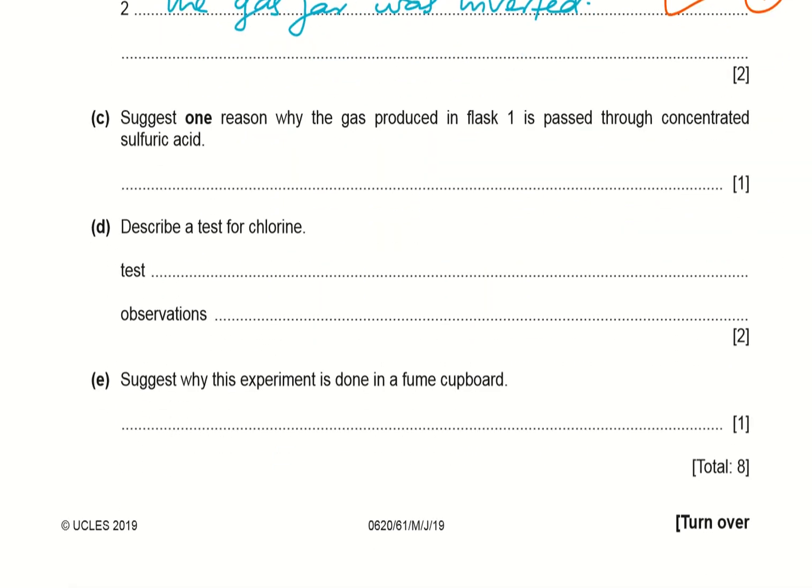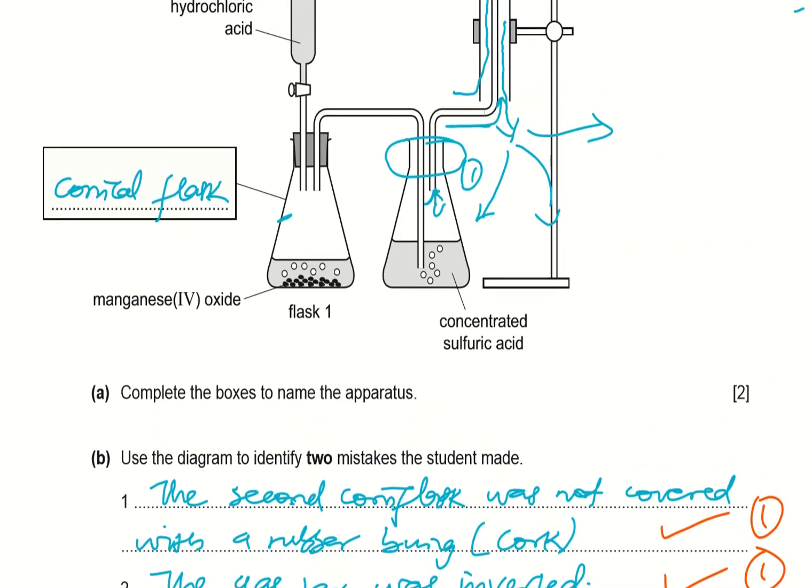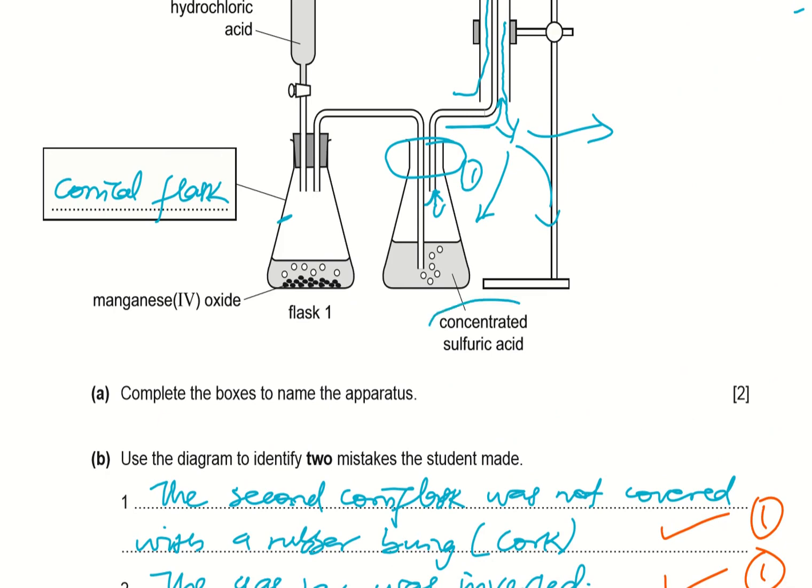Now, suggest 1 reason why the gas produced in flask 1 is passed through the concentrated acid. Okay, so let's look at the setup again. Now, the gas is passed through concentrated sulfuric acid. Well, the concentrated sulfuric acid has the ability to absorb water.